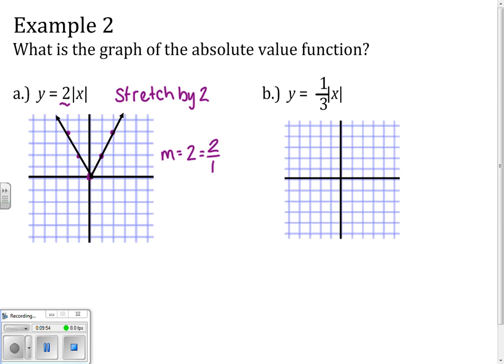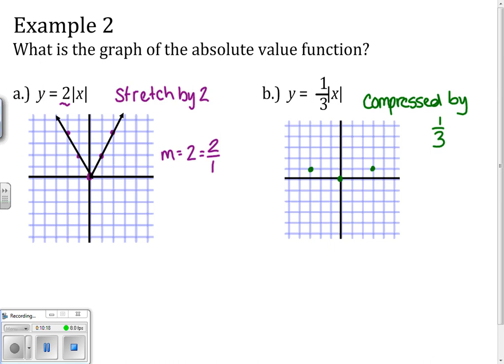The complete opposite happens when you start talking about compression. So in letter B, this is compressed by 1/3. And we know that it's a compression because 1/3 is between 0 and 1. It has not moved left, right, up, or down. So I'm going to start at the origin, but now I'm going to go up 1/3. Up 1/3 on both sides.